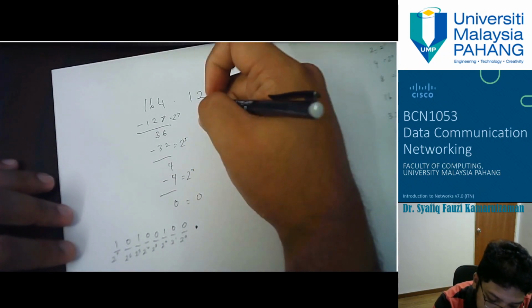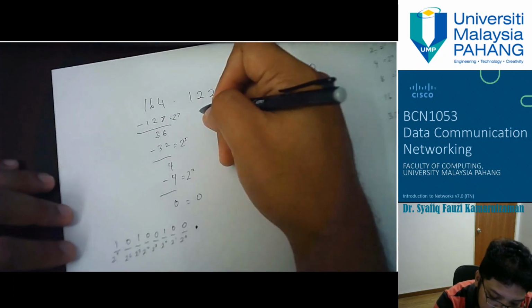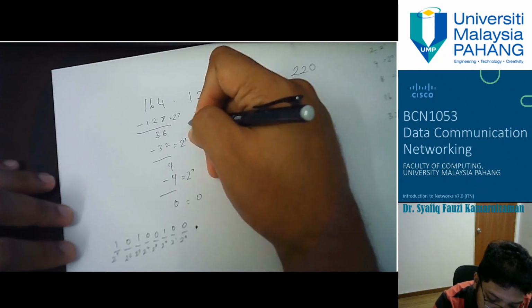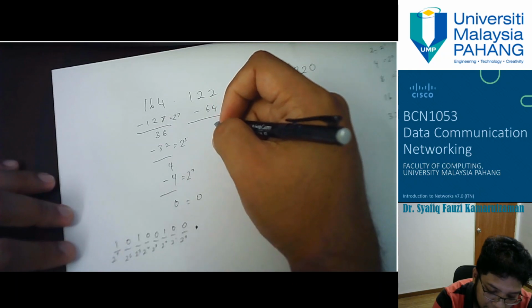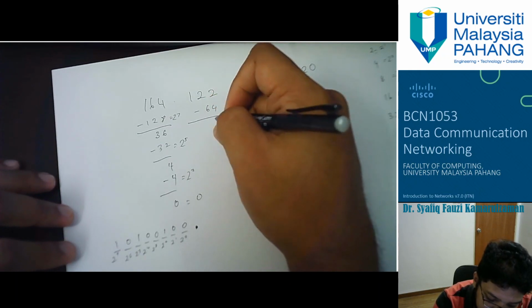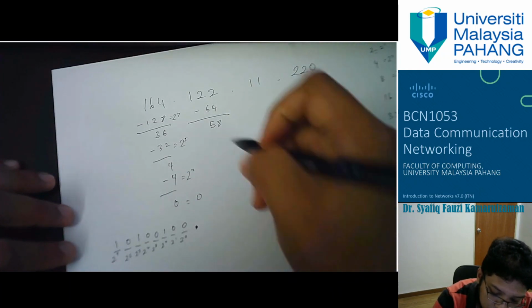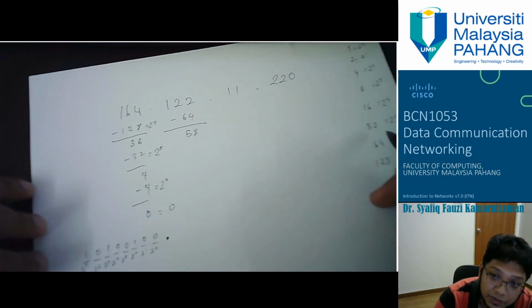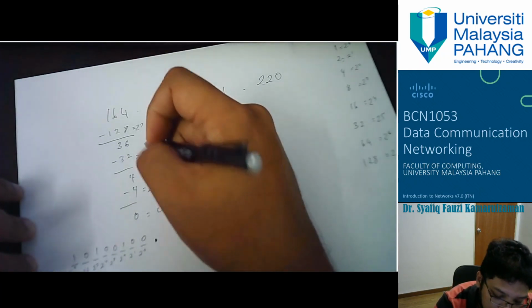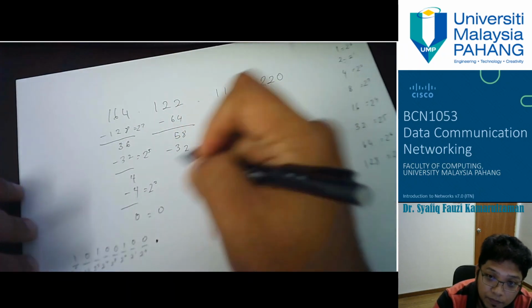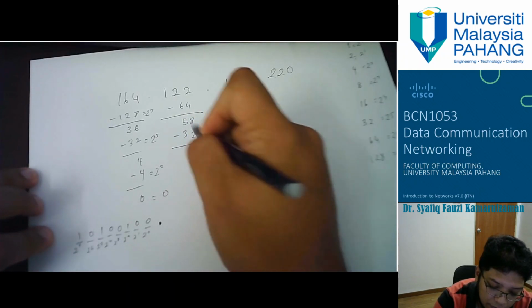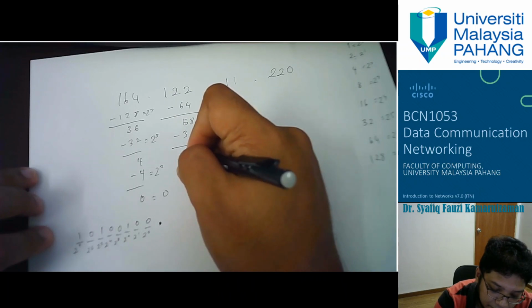Next, second octet. So 122, the closest power of 2 is 64. Then the remainder is 58. The next closest power of 2 for 58 is 32. Subtract 32 and you got 26.